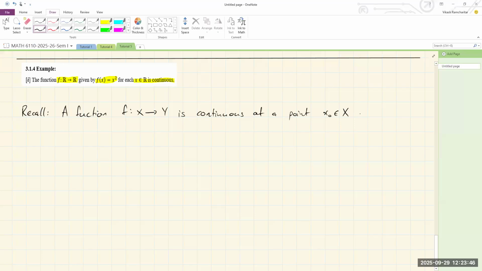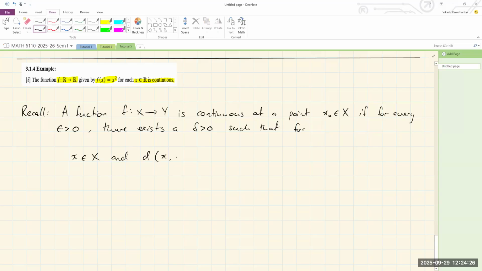Okay, it's continuous at this point if for every epsilon bigger than 0 that you give me, I could find a delta, or there exists a positive delta, such that for any other point x in the domain, the distance between that point and this fixed point x0, so x0 is fixed here, with respect to the metric on X, because I have two metric spaces, X and Y, so the distance from x to x0 with respect to the metric in X is less than delta.